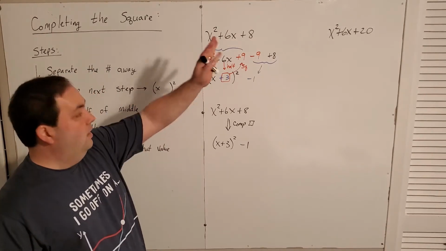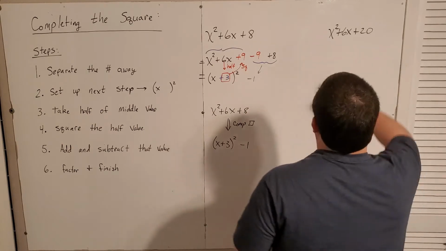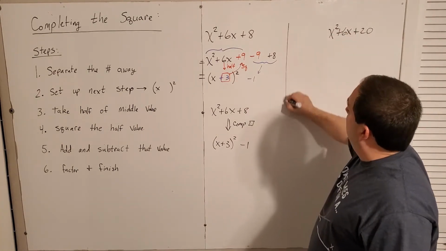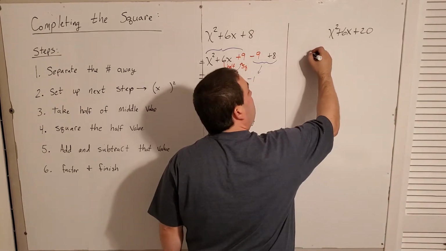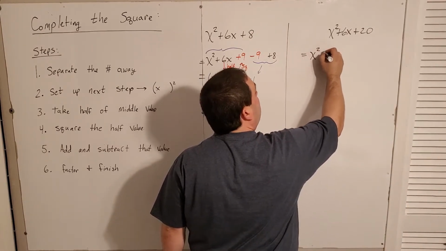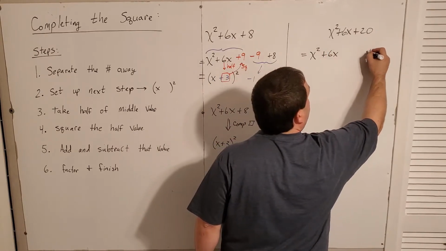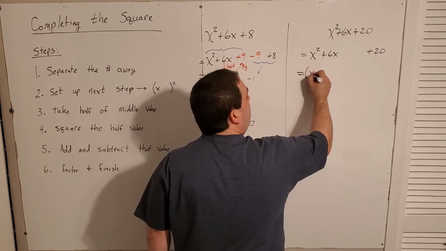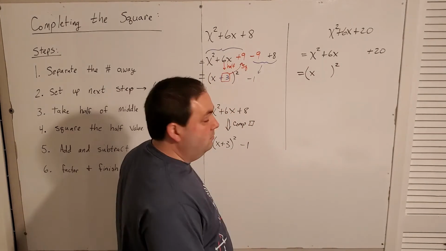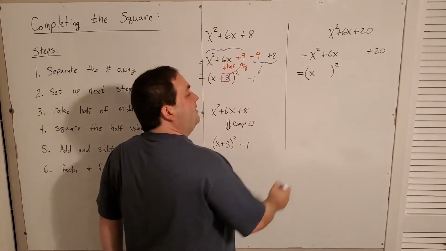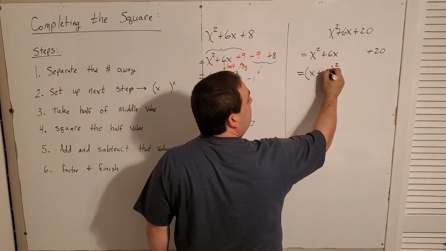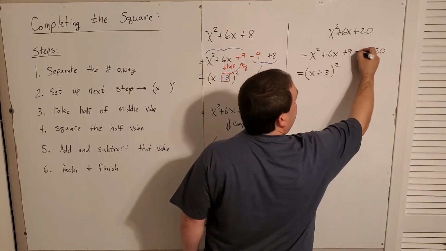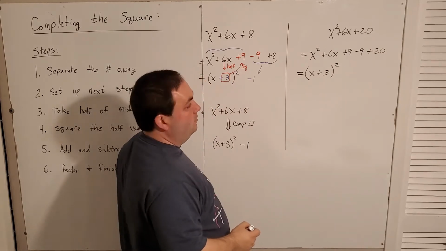Okay? Let's do it again on the next one over here. This one wasn't even factorable before, right? So, step 1 was to separate it out. So I've got x squared plus 6x, and then I'll put my plus 20 way over here. I'll set up my next step, which is to put the parentheses with the square. Then I take half of the 6, I square it, I balance it, plus 9 minus 9.